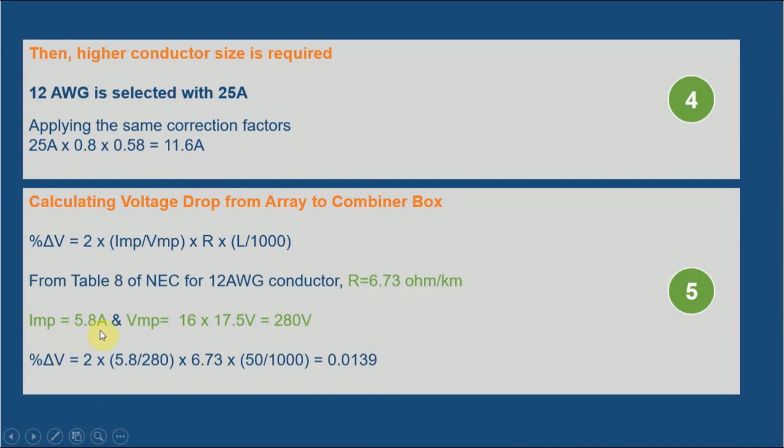From the module data sheet we know that the maximum power current is 5.8 amps and the maximum power voltage is 17.5 volts. With 16 modules connected in series, the maximum power voltage for the string is 16 multiplied by 17.5, which gives 280 volts.